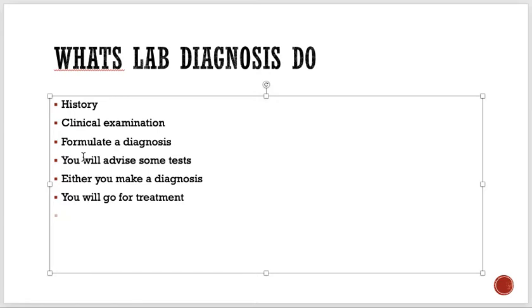Now there are many causes of fatigue or tiredness: anemias can cause it, infections can cause it, malignancies can cause it, psychological problems can cause it, medications can give a side effect like this. So of course, we take the history, we do the clinical examination. If we think, for example, the patient doesn't need that test, of course we don't go for it. Okay, so that's the important thing I wanted to put in your mind.